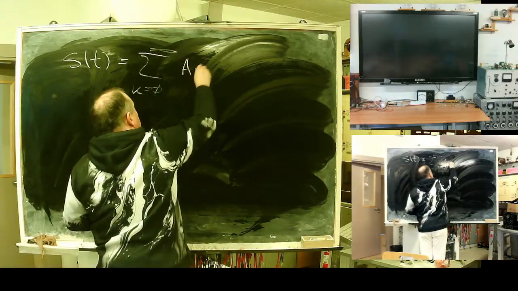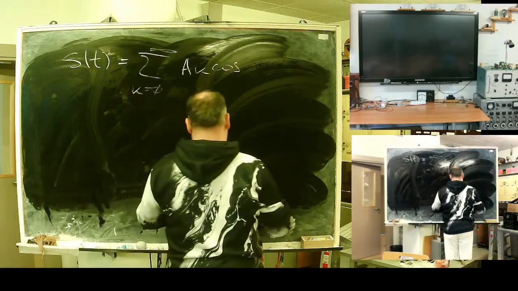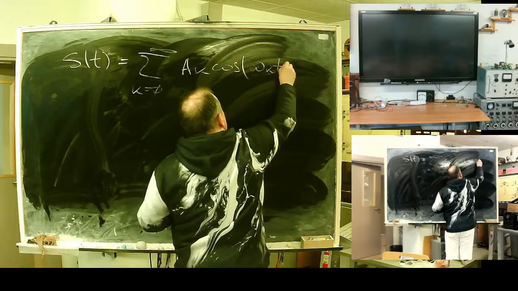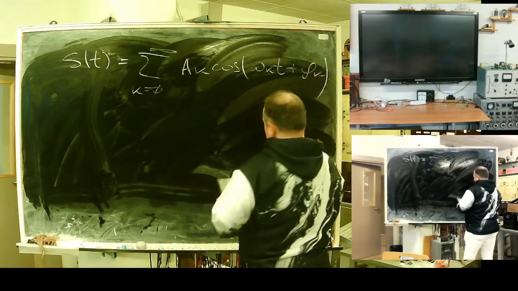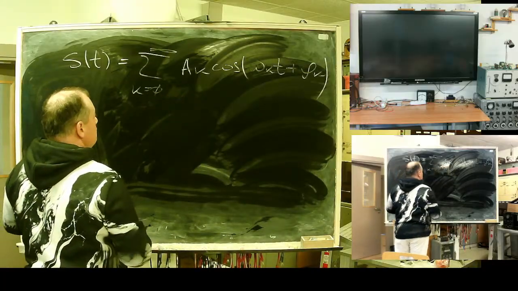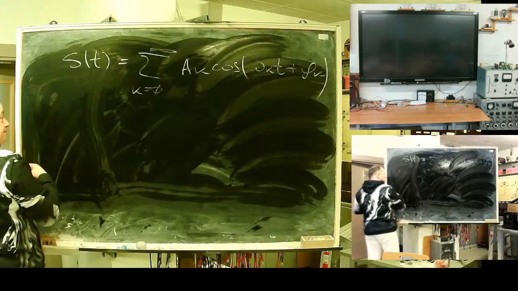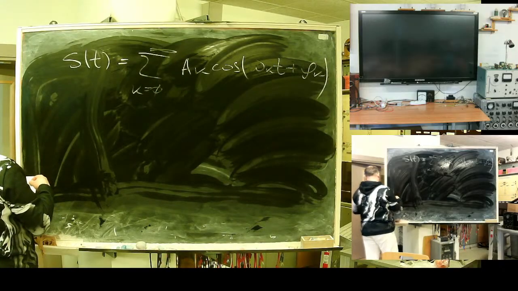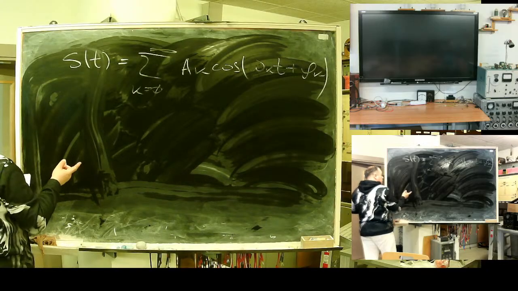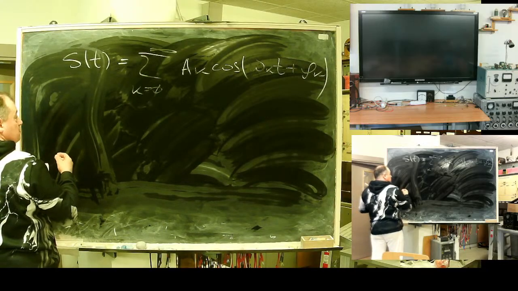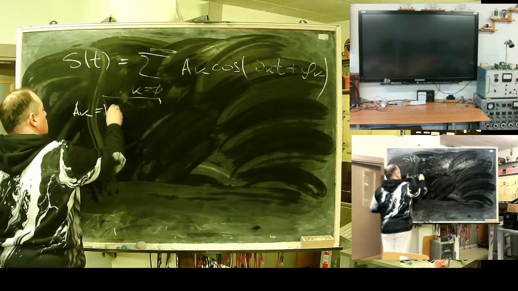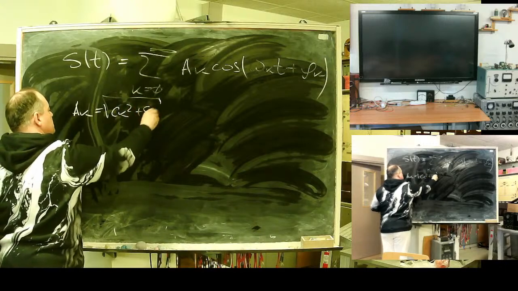So it can be written as a sum of harmonics, cosine of omega_k t plus phi_k, where vk is the square root of ck squared plus sk squared.